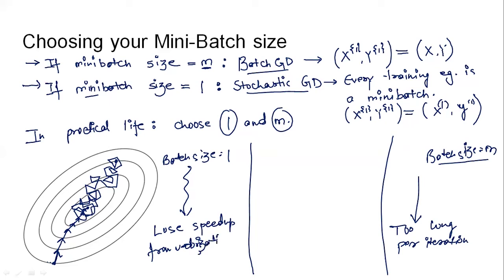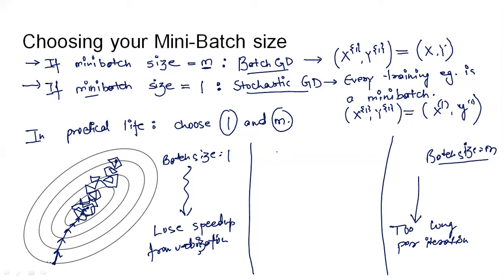Vectorization would generally not perform well with a batch size of 1, because for even taking a single step, you took a single training example as a mini batch.